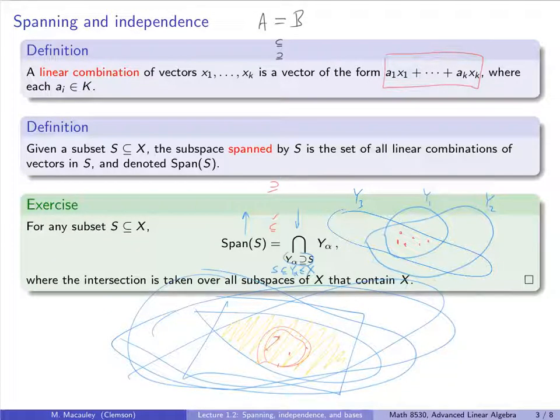Could be finite, could be infinite. This is a set of all subspaces. Now this guy on the left is a subspace that contains S, so it is one of these y alphas. Let's call this y, equals span of S.